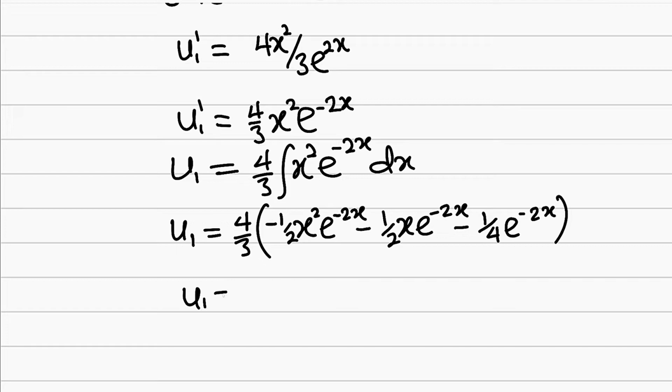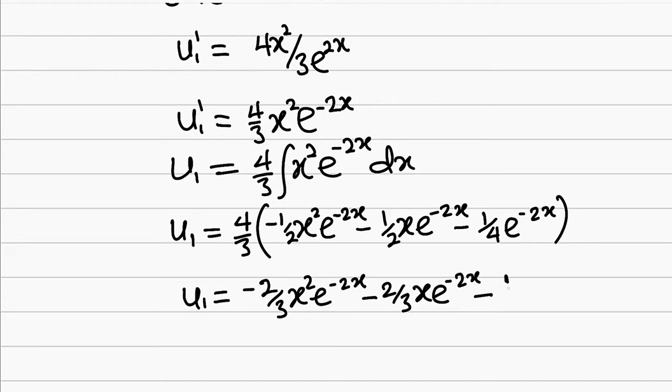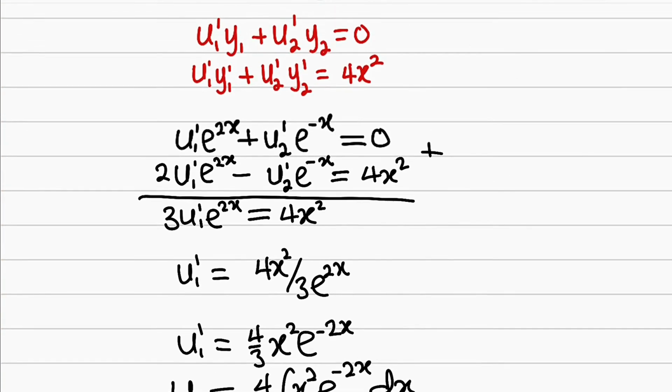Finally, u1 = -2/3 x^2 e^(-2x) - 2/3 x e^(-2x) - 1/3 e^(-2x). And this is our u1. Now let us go ahead and find u2. Let me just copy that equation again.